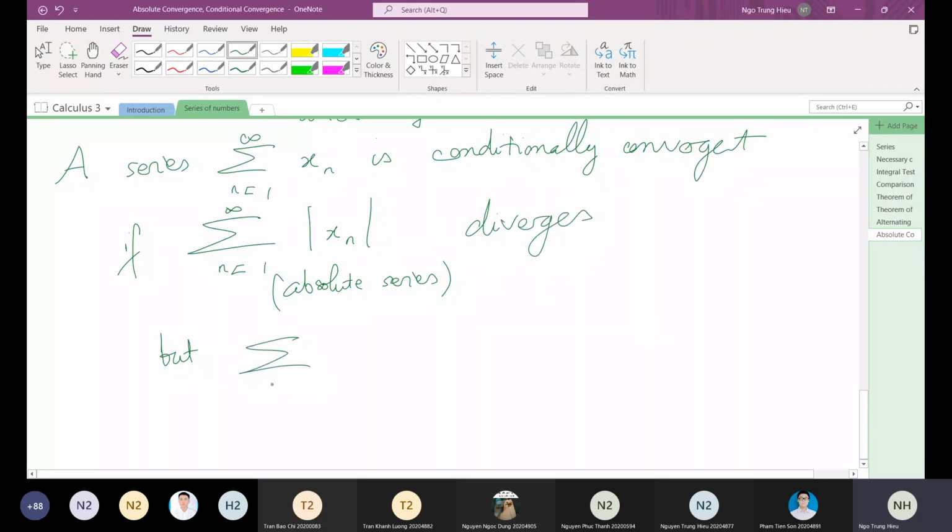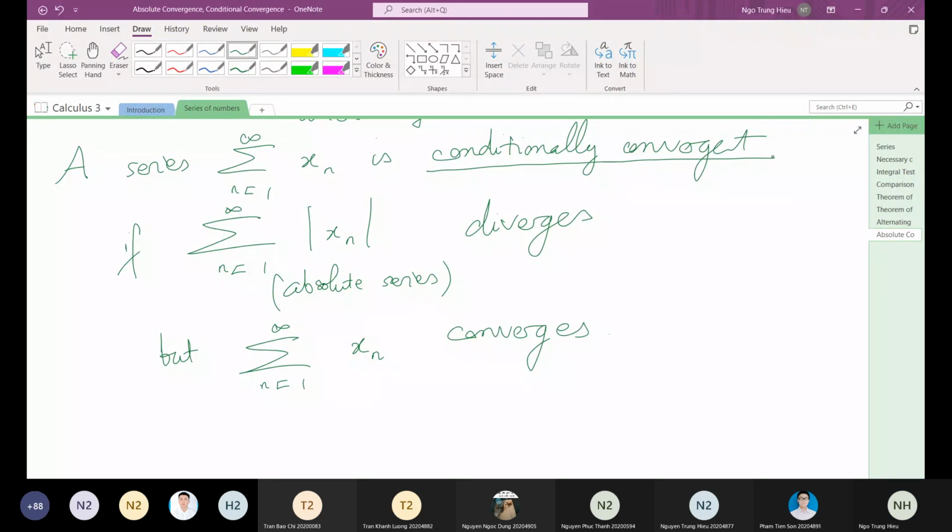But the normal series, the original series converge. Right? So this is the definition of conditionally convergent and absolutely convergent.